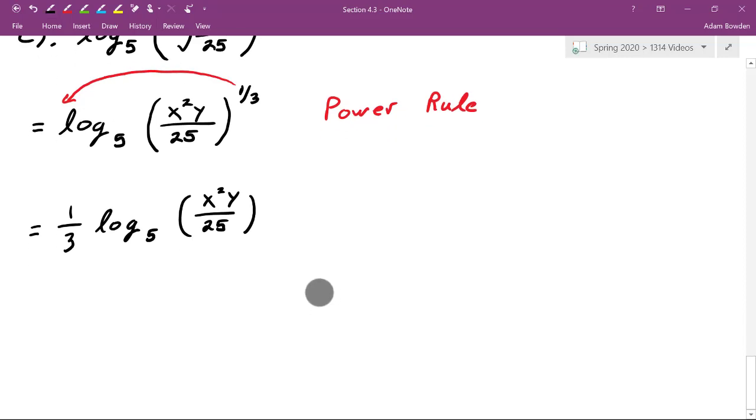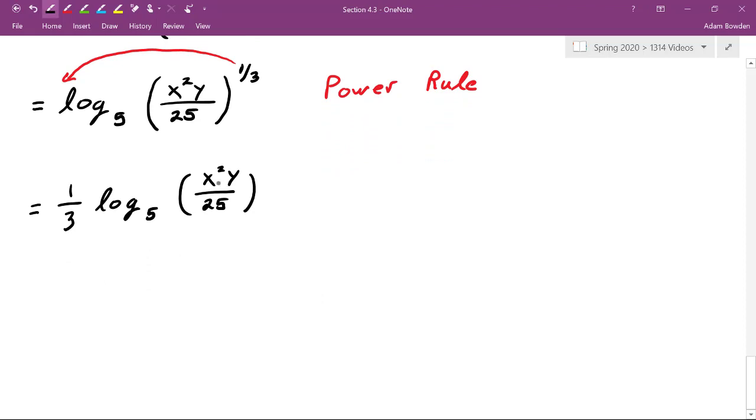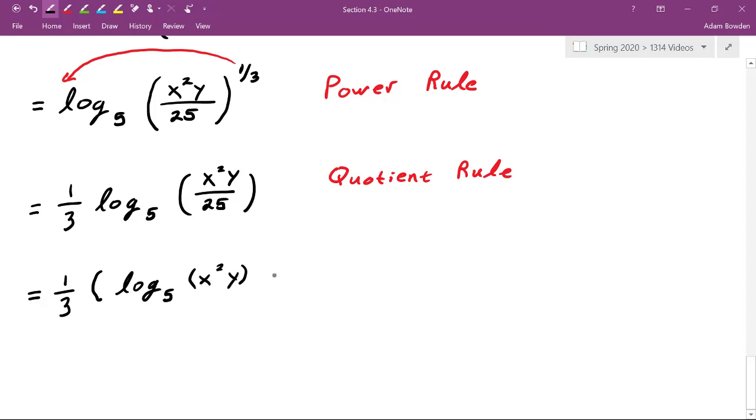Okie doke, and now we're done with the first step. Notice we now have the division. That's the next part to get to. Working our way outside in, we can now use the quotient rule. So that would change it into 1/3 times log base 5 of x squared y, that's the logarithm for the top, minus log base 5 of 25.